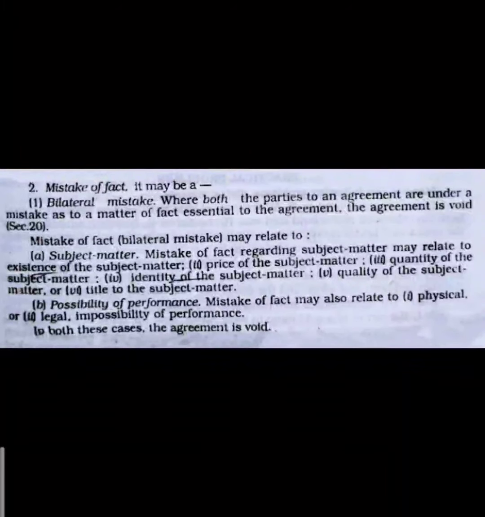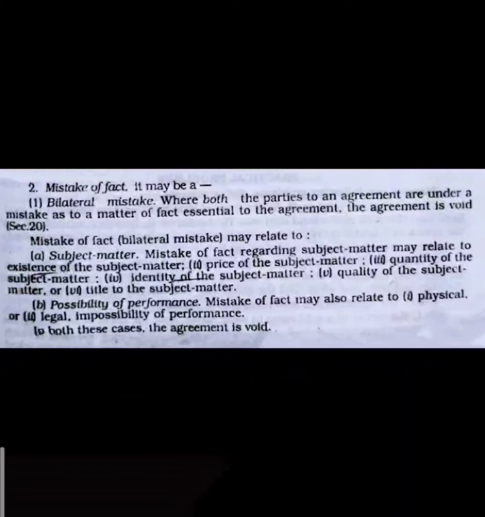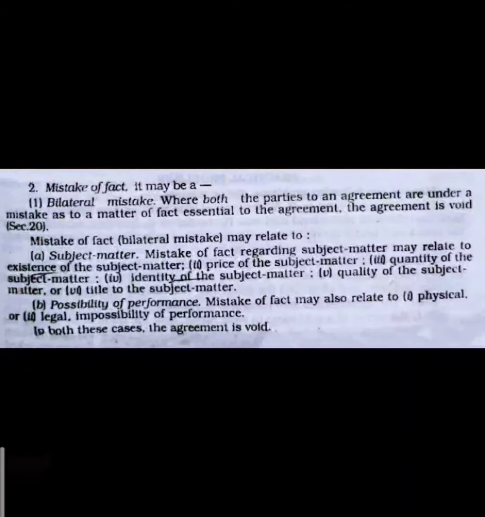A wants to sell his horse to B, but it's not known to A that suddenly his horse died last night. So the subject matter is not in existence, and therefore the performance of the contract is impossible, and therefore both the parties are considered to be under the common mistake, because had they known that the horse has died, both of them would not have entered into such a contract.